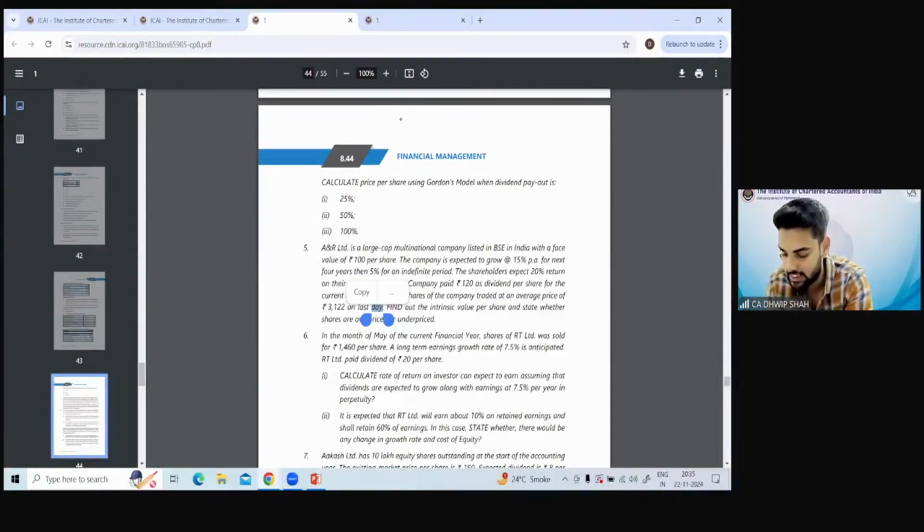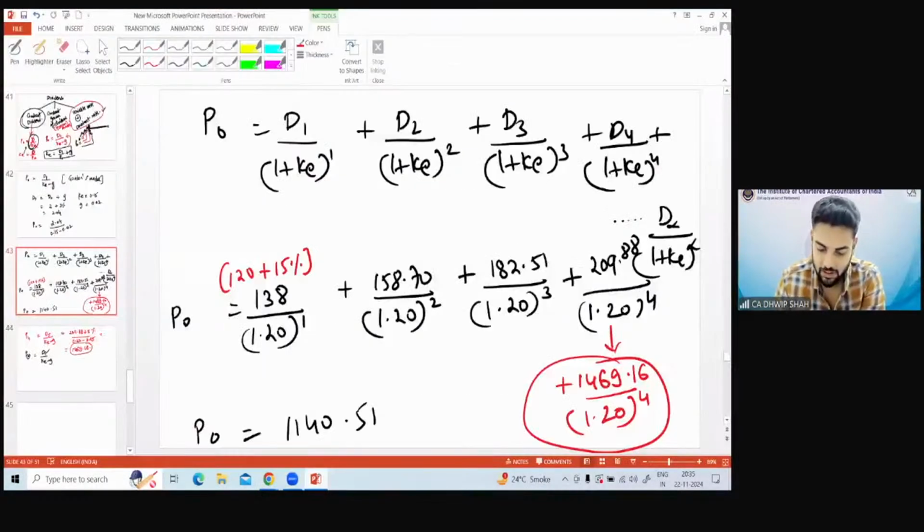Means if today is 22nd November, then this price is of 21st November, the previous day. Understood? So 1140.51 is simply discounting of future values on your calculator. How to discount, you should know by now.